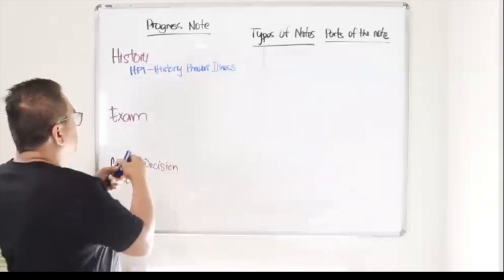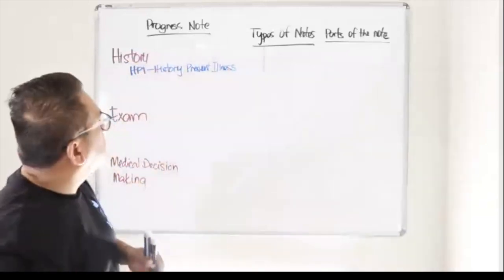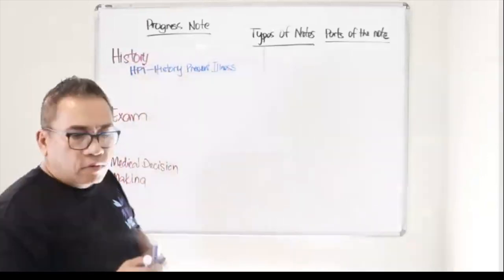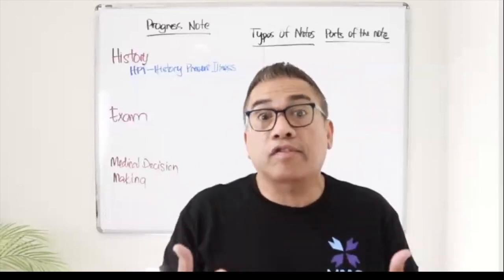Now, for the history of present illness, guys, we're talking about a part of the chart where the patient narrates her story or his story.